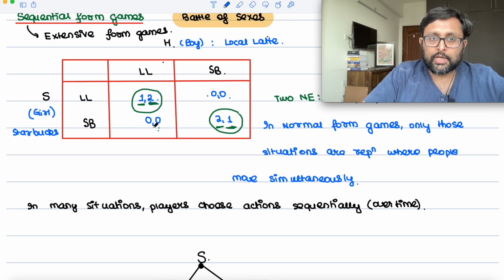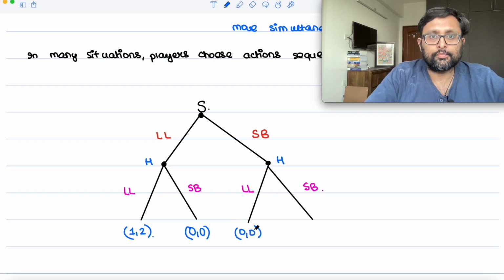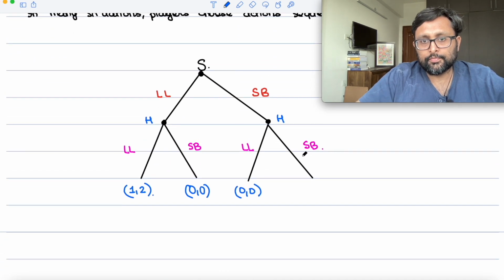If she goes to Starbucks but he goes to local latte, so she goes to Starbucks and he goes to his place of choice, again nobody is going to get any utility. If she goes to Starbucks and he also goes to Starbucks, then this is what she's going to get as the utility.